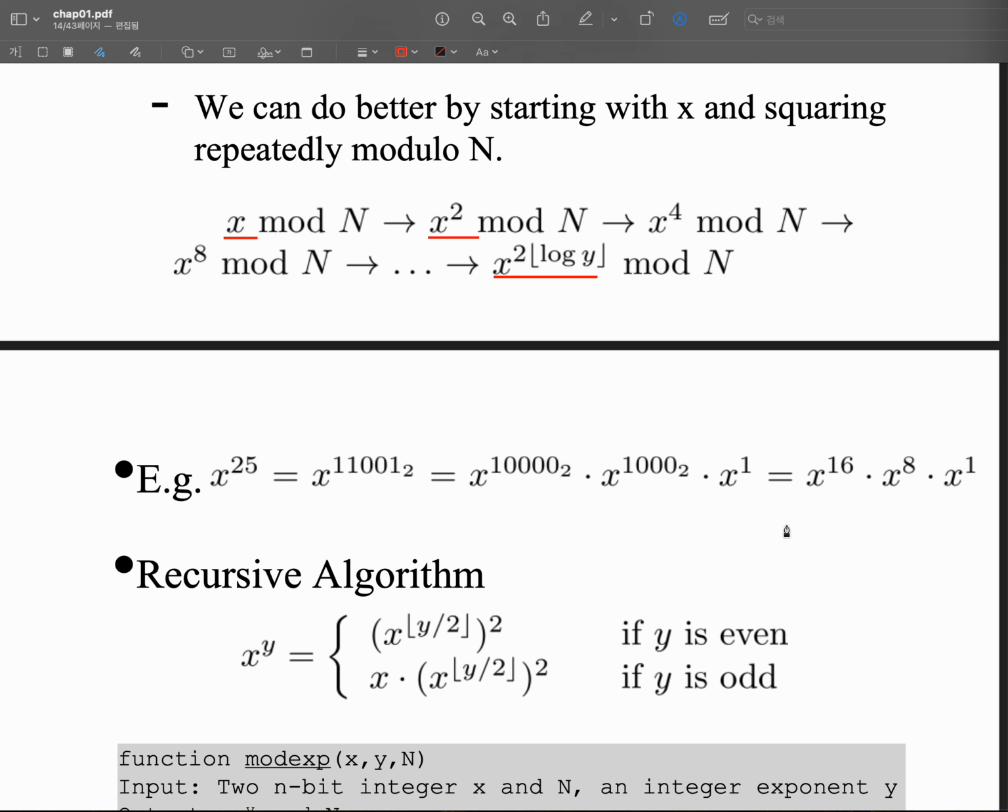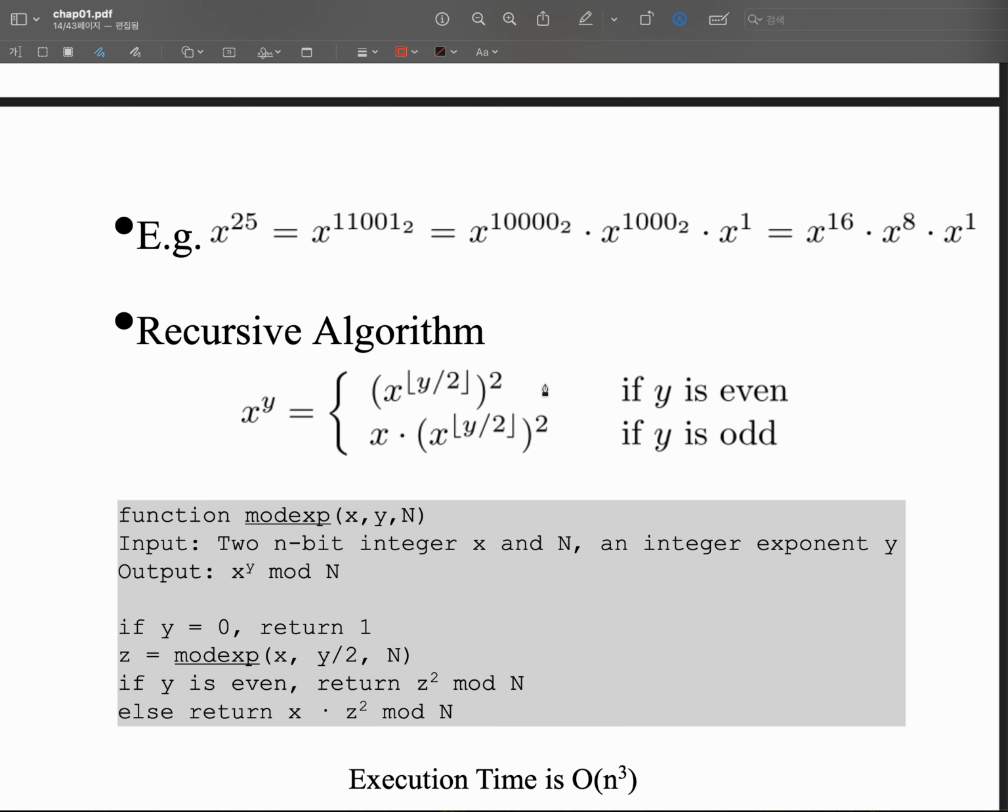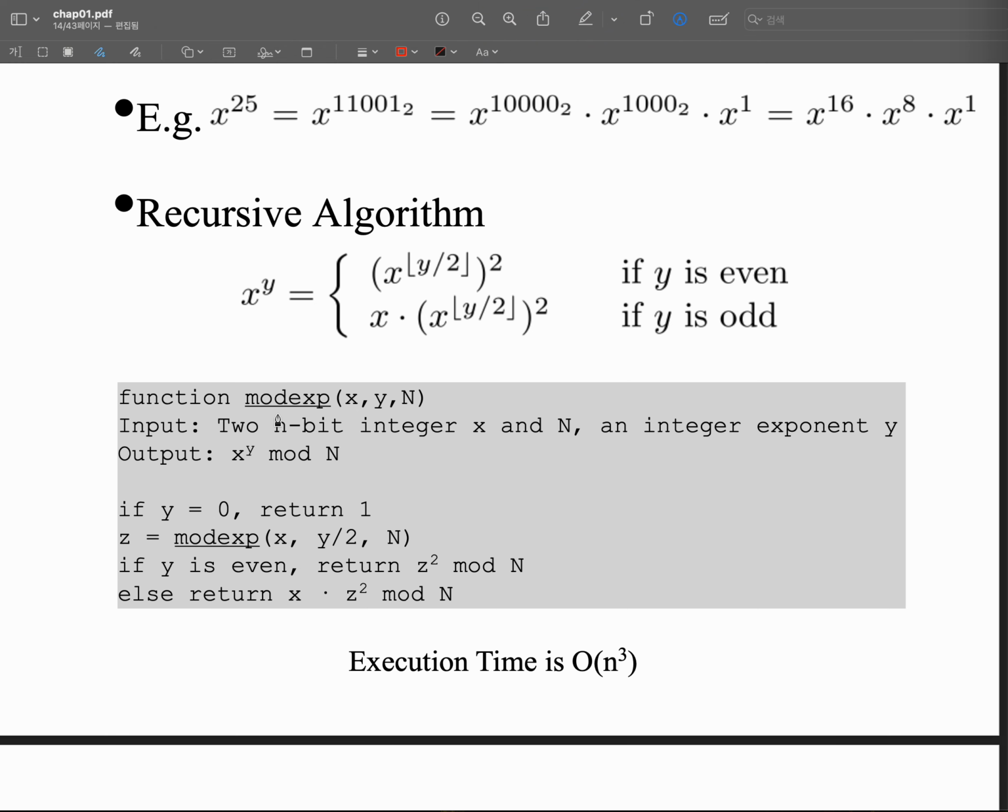This algorithm can be written recursively like this: x to the power of y equals, if y is even, written like this, otherwise written like this.